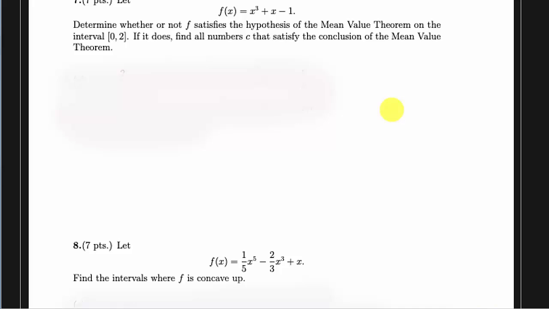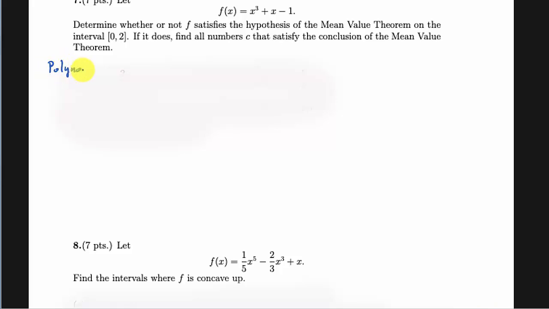So let's see, satisfies the hypothesis of the mean value theorem. Well, it's a polynomial. So we know it is continuous on 0 to 2, and it is differentiable on the open interval 0 to 2. Okay, so that satisfies that.